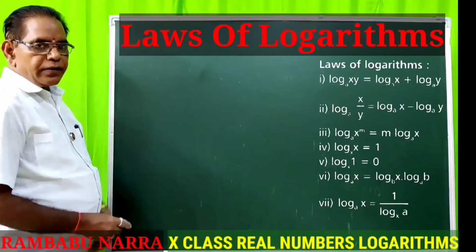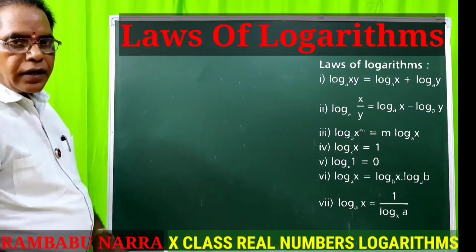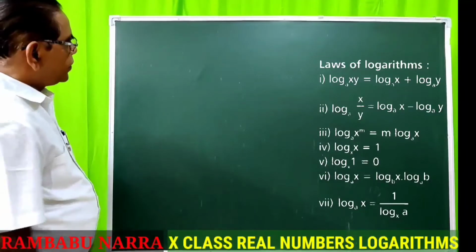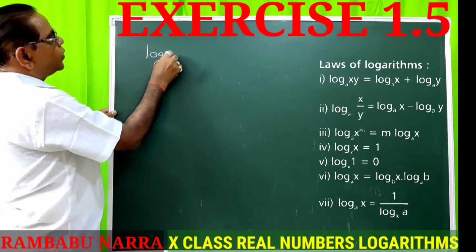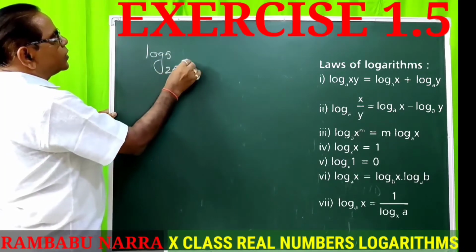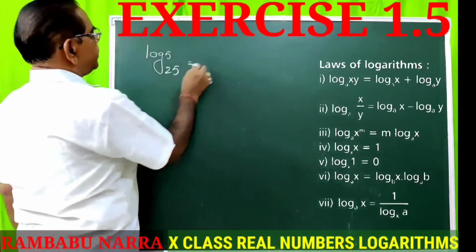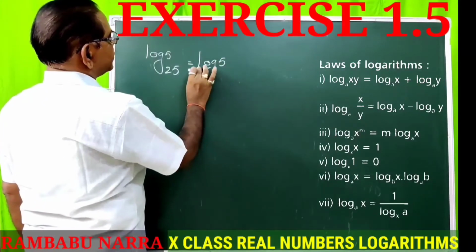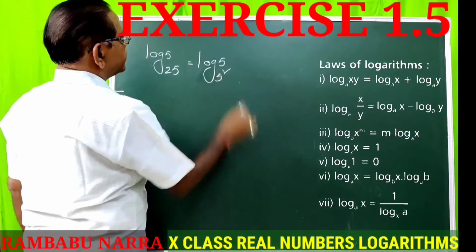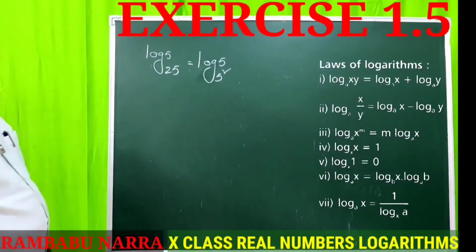Exercise 1.5, first problem. Determine the values of the following. First, log 5 base 25. We write 25 as 5 square, so log 5 base 5 square.